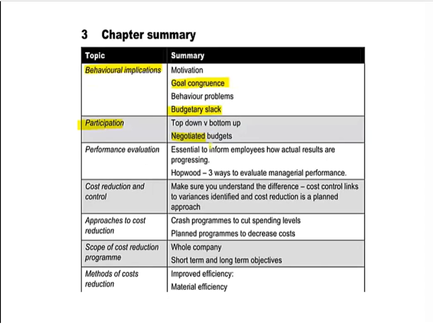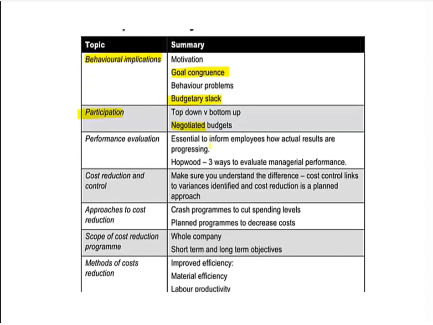It's important then that we tell people how their results are progressing through performance evaluation, and Hopwood gave us the 3 different ways then of evaluating managerial performance. So there was that of the budget constrained, the profit conscious, and finally the non-accounting manager, who looks at non-financial features.